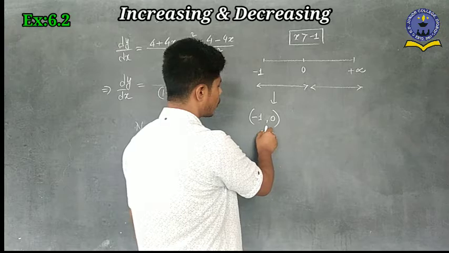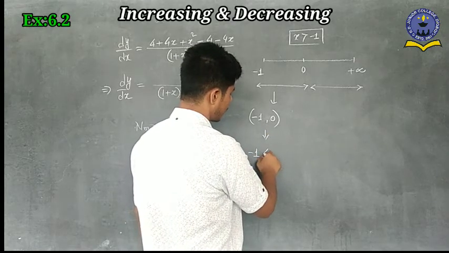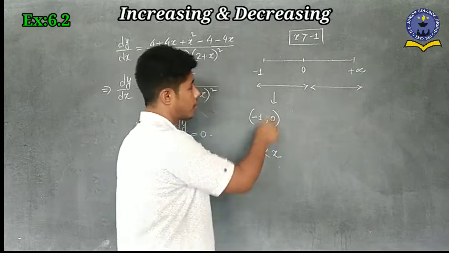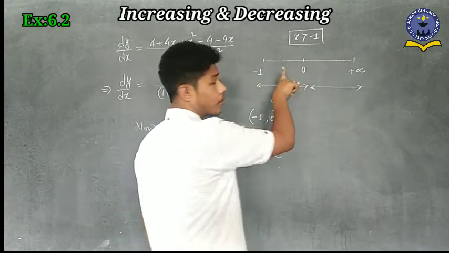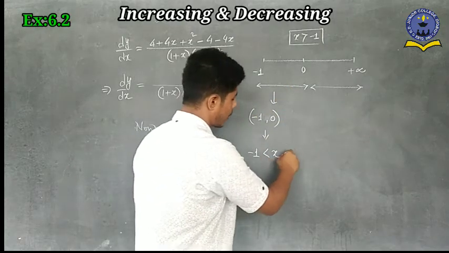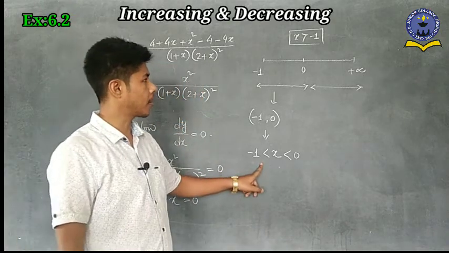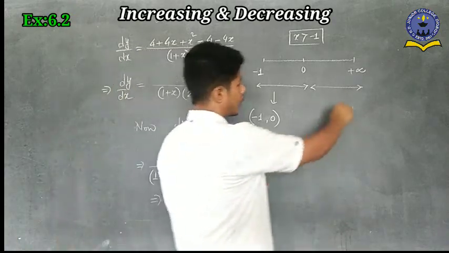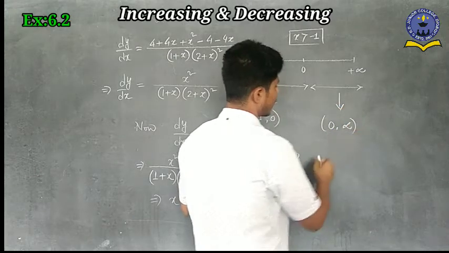So this one also we can write in this way, the value of x in between minus 1 to 0, if we assume x, then the value of x is greater than minus 1 but less than 0. The condition we get like in this way. So in this case, the interval is from 0 to infinity, is not it?